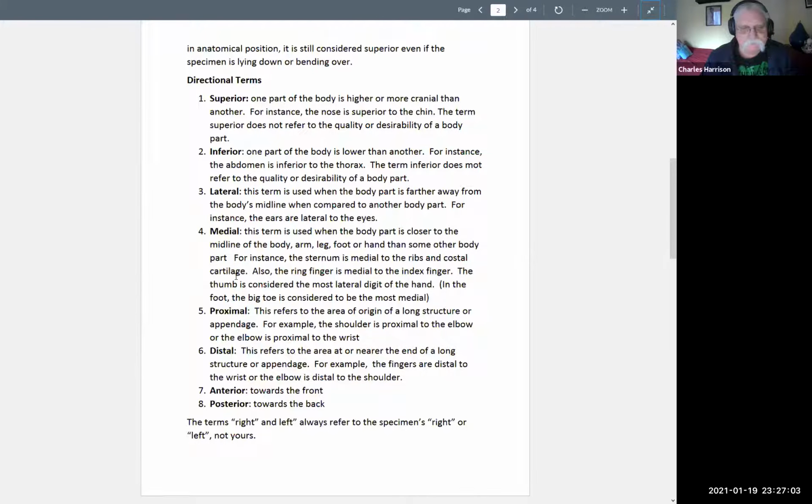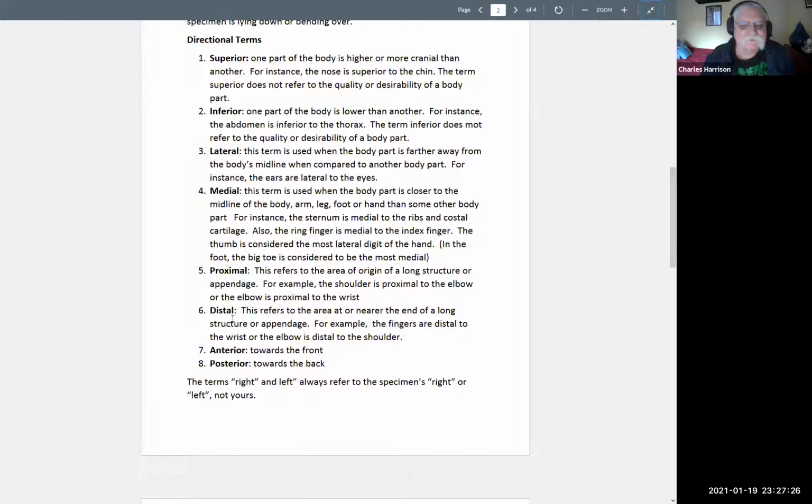There's only one. What's that going to be? The pinky? Yep, the pinky. I don't think pinky is in our book, but it works.